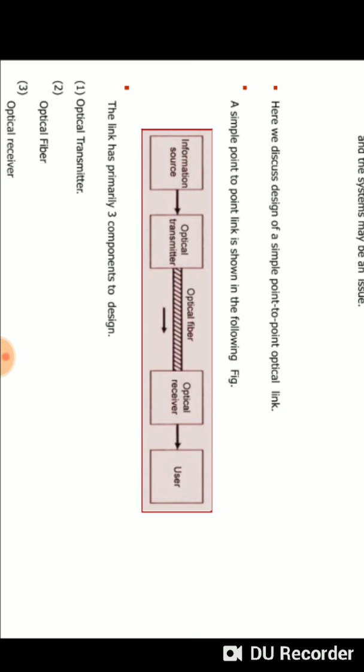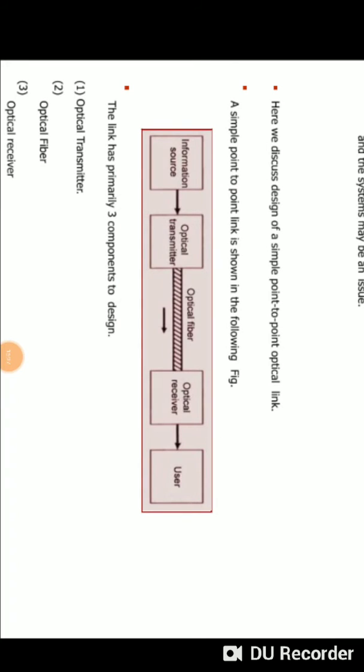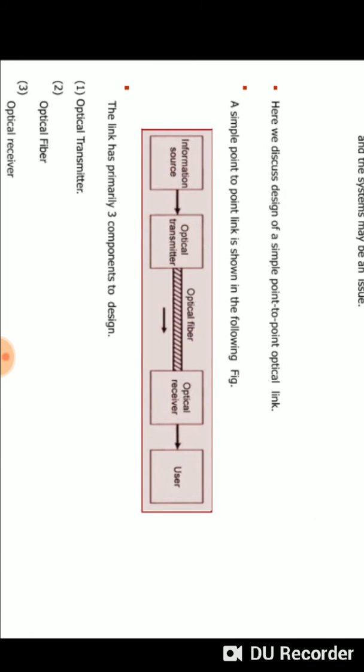So always the first block in the optical receiver is going to be the optical detector. The optical detector will convert the light signal in the form of electrical signal. Then if we have used modulator, the block we have to use in the receiver is demodulator. So if we are transmitting digital signal, we have to use encoder in optical transmitter, and we have to use decoder in the optical receiver, and then the received signal is given to the user.